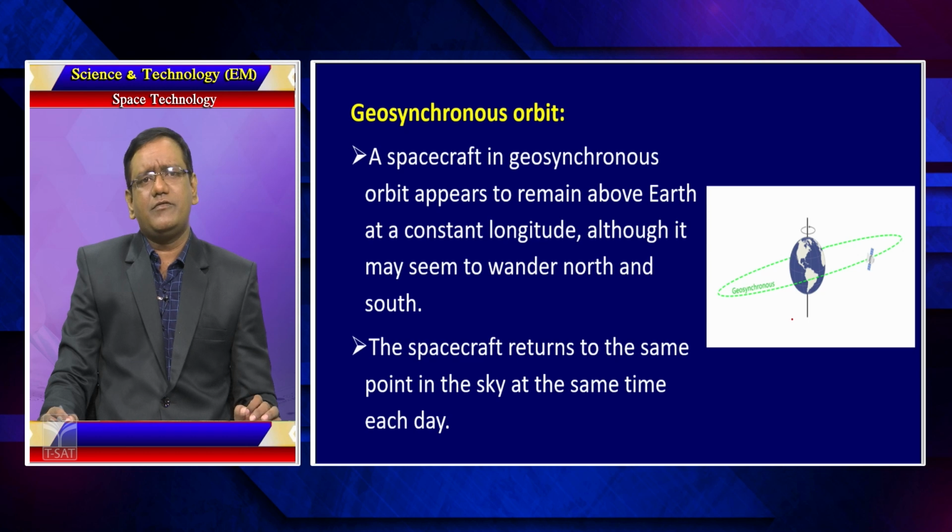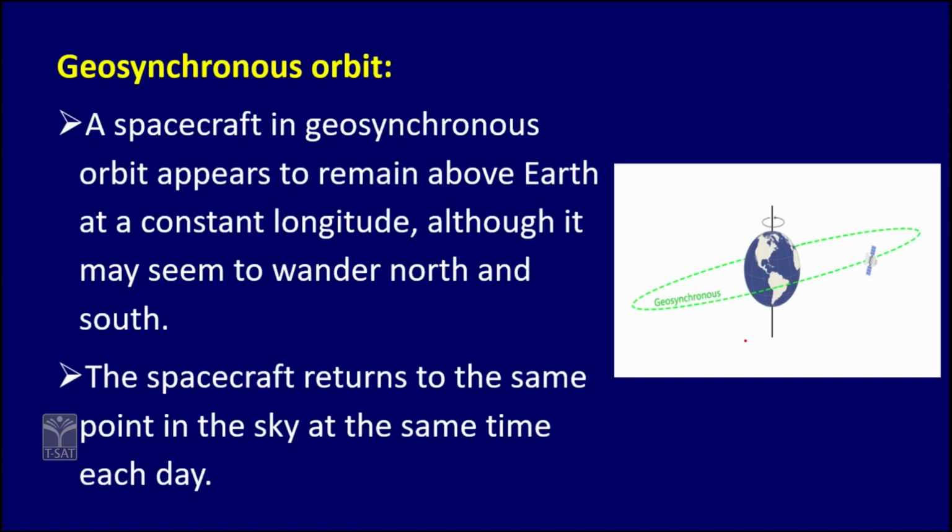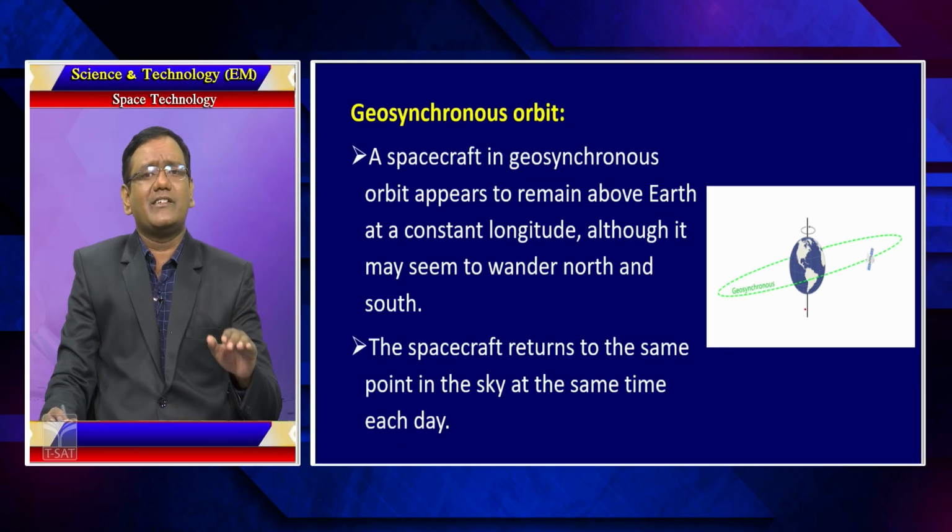A spacecraft in a geosynchronous orbit appears to remain above the Earth at a constant longitude. Although it may seem to wander north and south, since this satellite has the same time period as the Earth, it looks constant on a particular longitude.